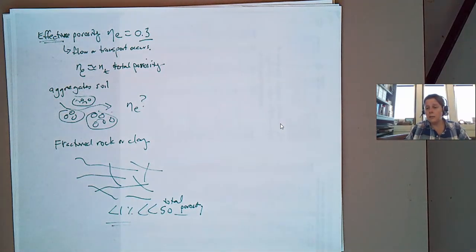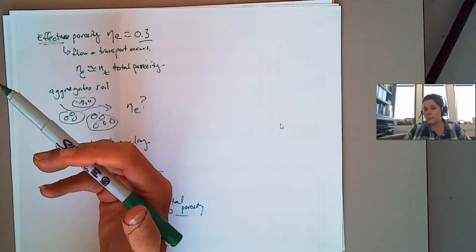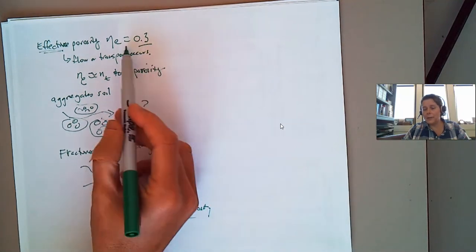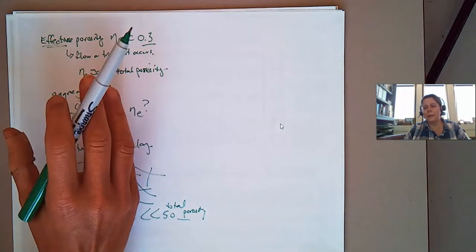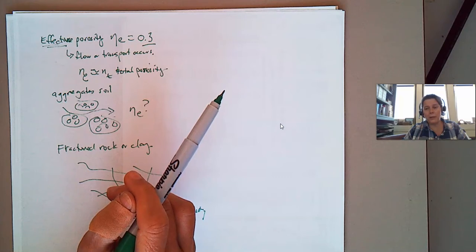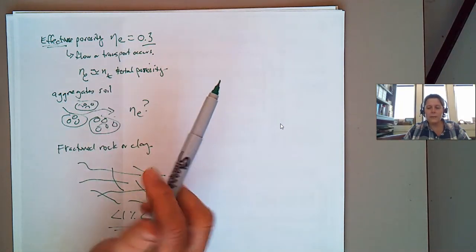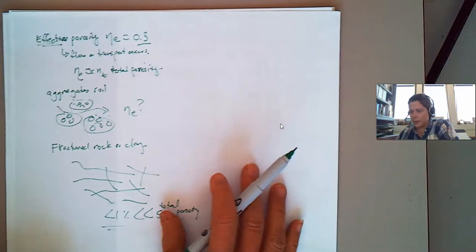You could model the system and then vary the effective porosity until your model matches the data you got, and then you can say, okay, now my data looks like the model. That would be how you can use modeling to figure out some of these environmental conditions. It's very hard. So that is effective porosity.